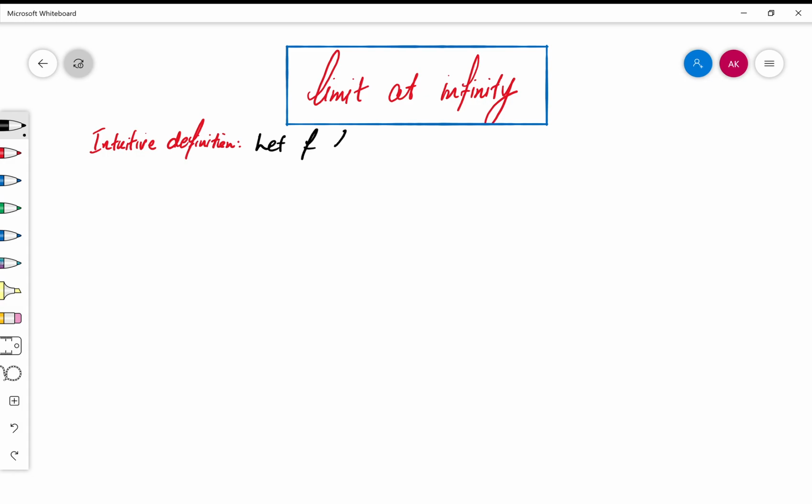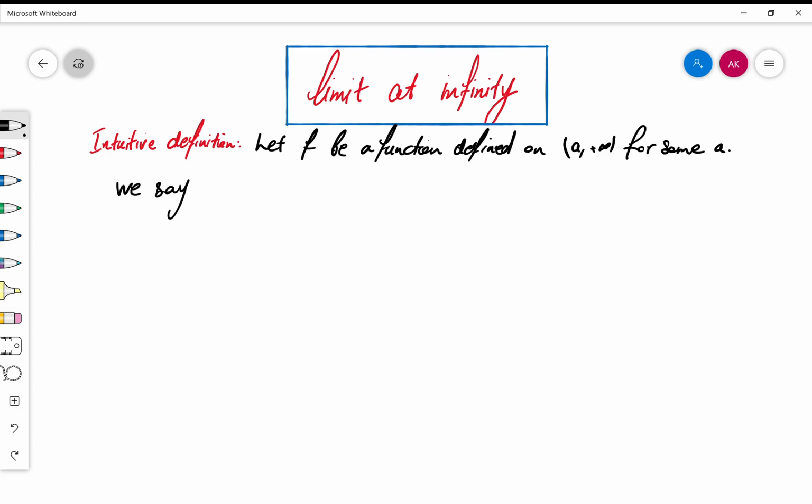Let f be a function defined on an interval like a to plus infinity for some a. So it is defined from a point on the x axis.